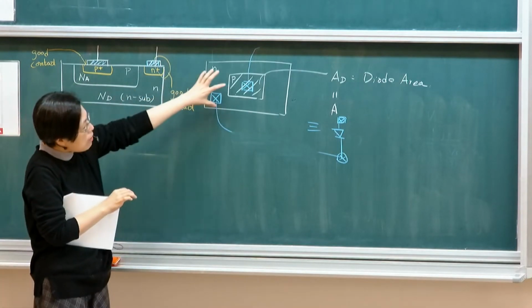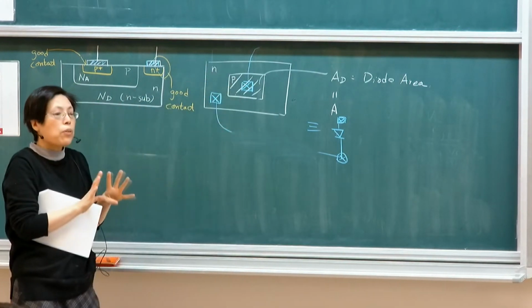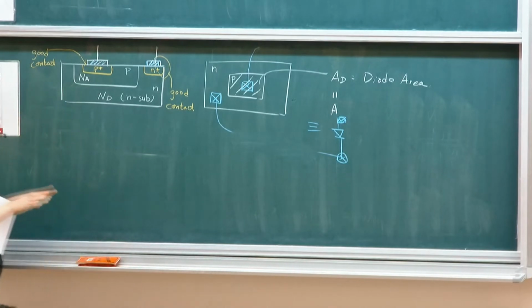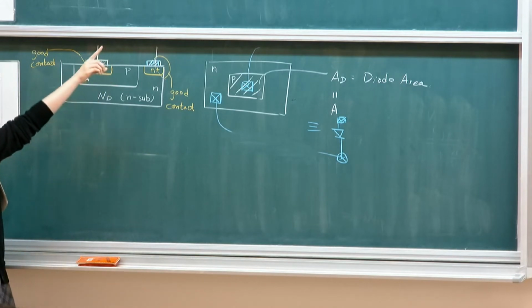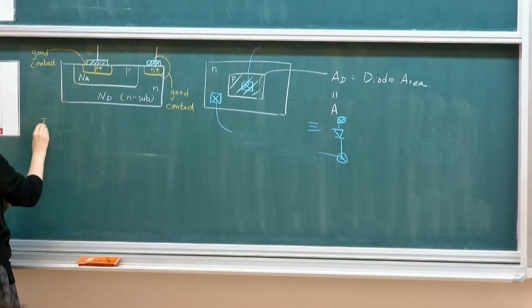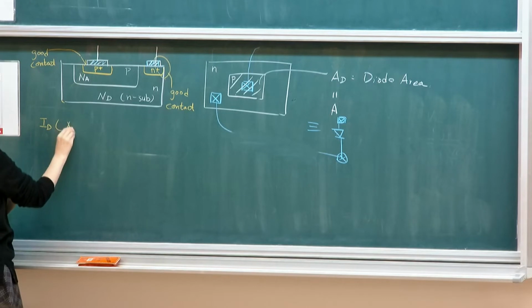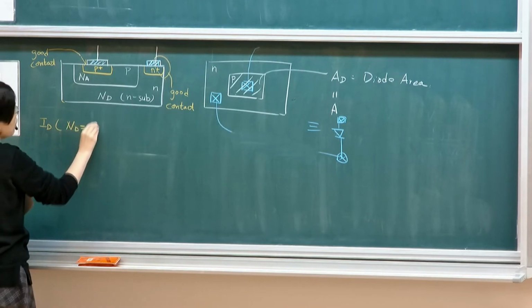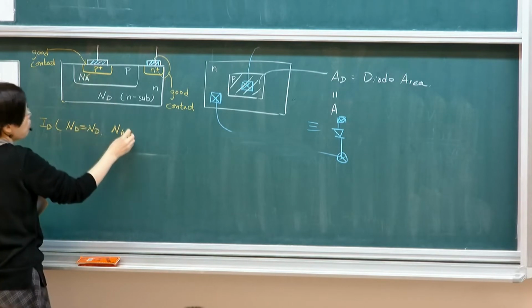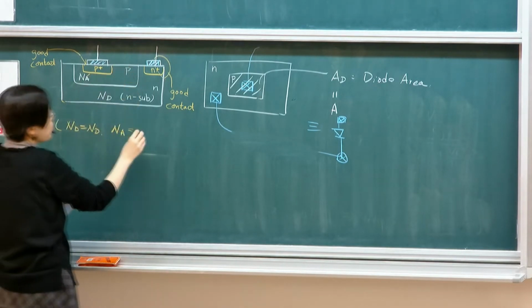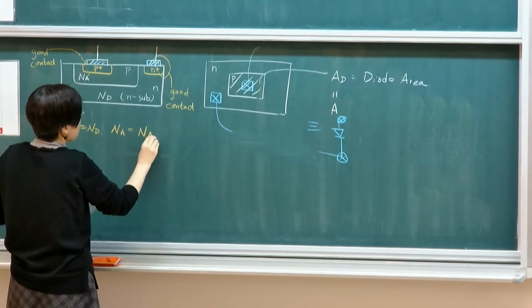But if you look at the top, it will look something like this. So if you're a designer, I'm trying to emphasize the doping concentration we use. For the equation you're using for IS, the ND will equal ND, and the NA, let's just use NA prime. In that equation, it will simply be the counter doping, remember?